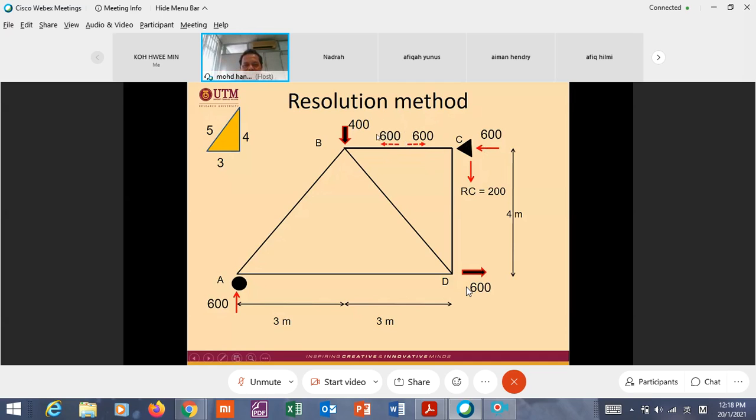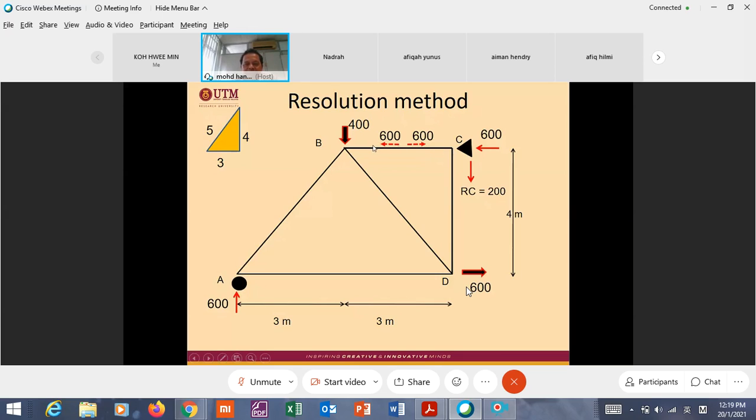The joint must be in equilibrium and member must be in equilibrium. For equilibrium of joint, Fx 0, Fy 0. For equilibrium of member or rigid body diagram, Fx 0, Fy 0, and moment equal to 0.